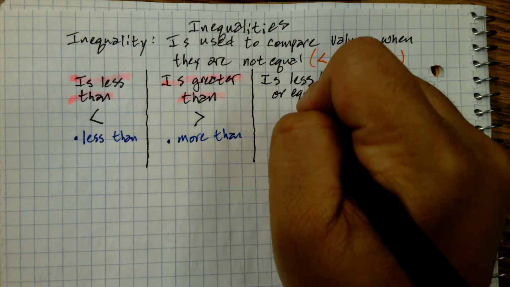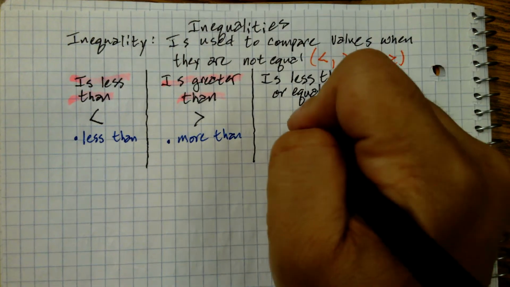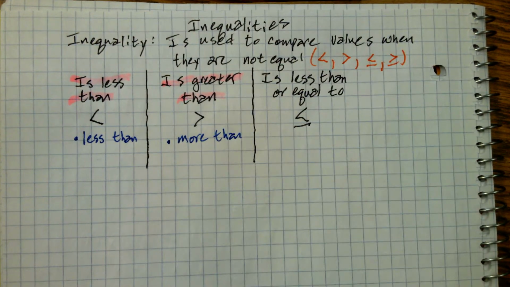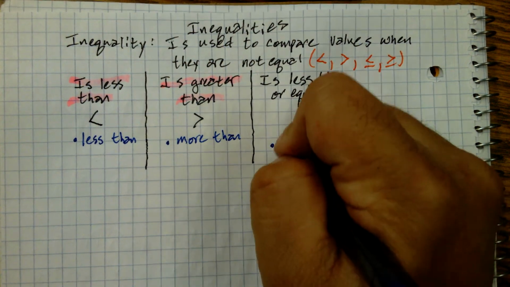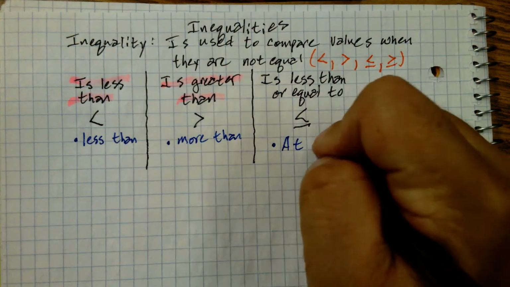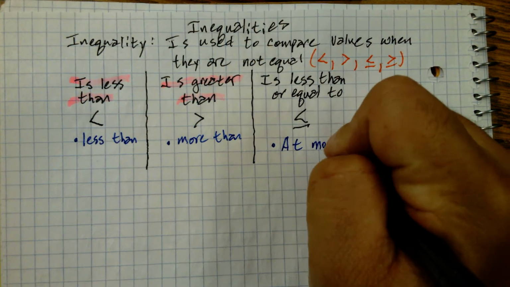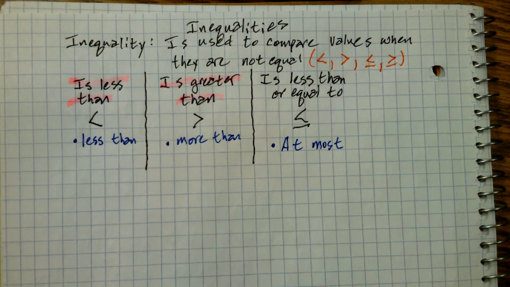And that would be the less than symbol with that little bar underneath. A couple of ways we could say this is at most. I have at most $200 in the bank. That means I have $200 or less.